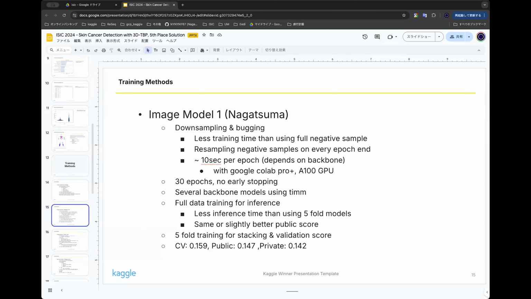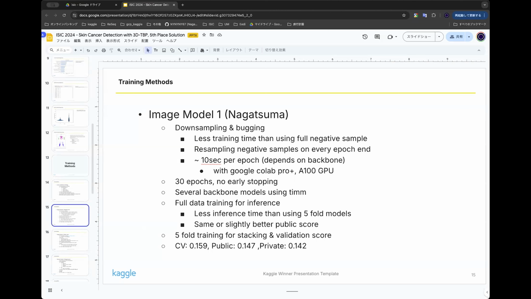For training, I leveraged Google Cloud Pro with an A100 GPU, training for 30 epochs in total without any early stopping. In terms of model architecture, I experimented with several backbone models from the timm library, known for its efficient deep learning models.